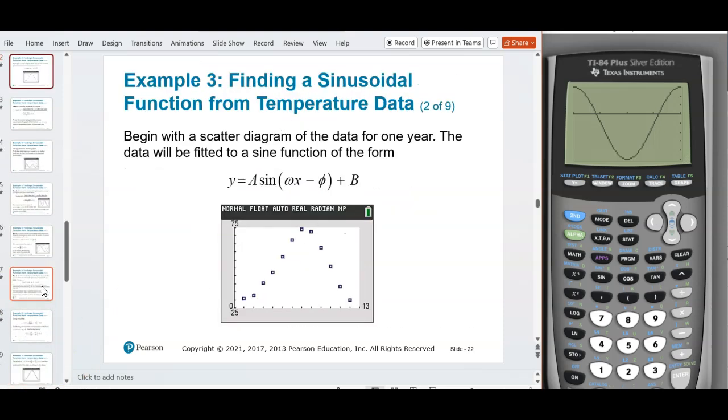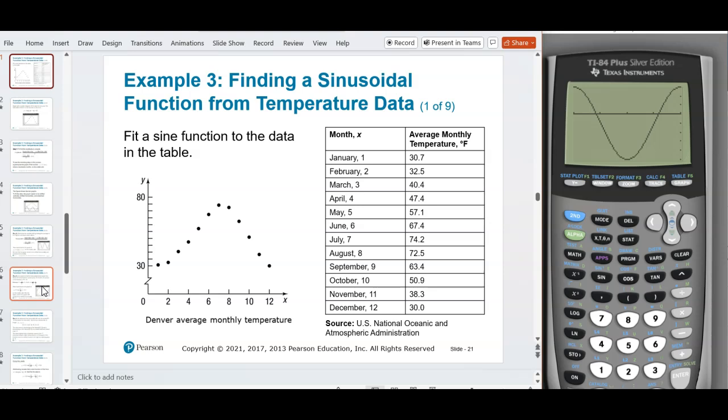All right, then something that we do often to model data. Data just being a collection of points. So I got a collection of points. These are months since January of some year, and this is the average temperature in Denver. And we're plotting that, and because the world spins around the sun, the average temperatures fall into this periodic pattern, and a sine wave kind of models it very, very well.